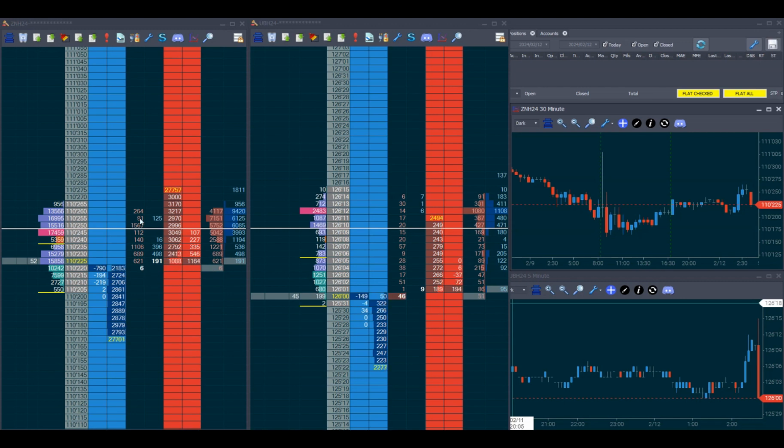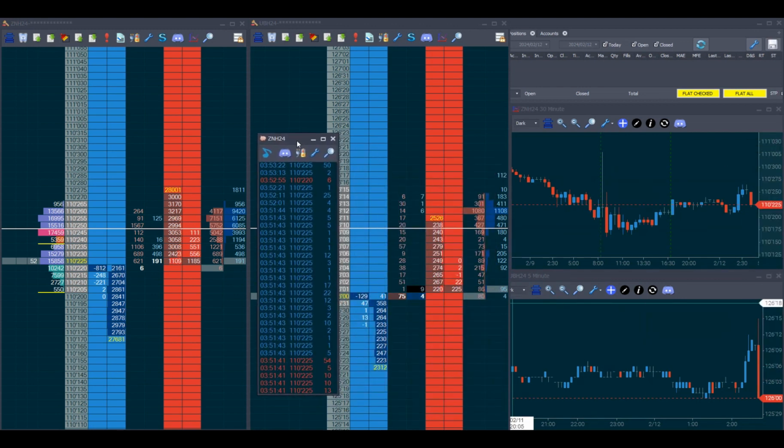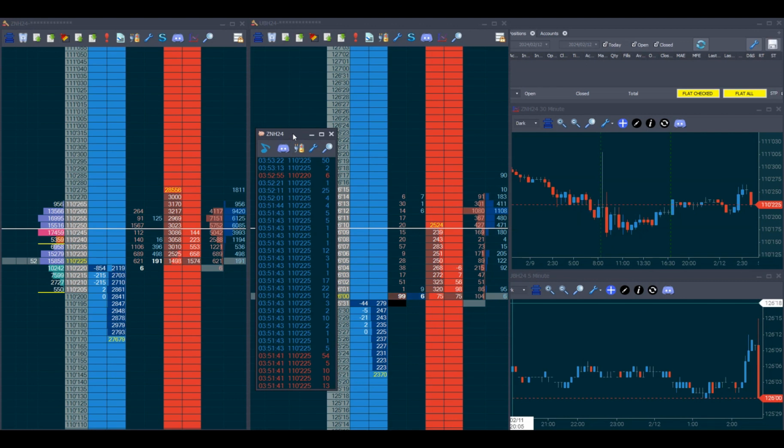So you can also see, in the middle there's the red, that's the time and sales, the actual orders that went through in the market. You can see there were 3 contracts sold there on the bid at that price, 220.